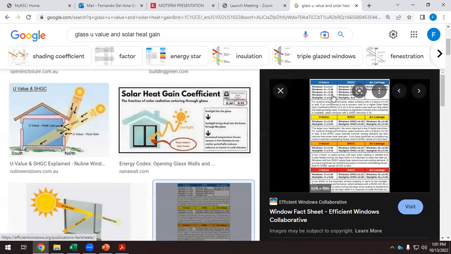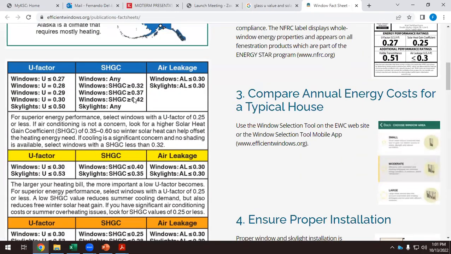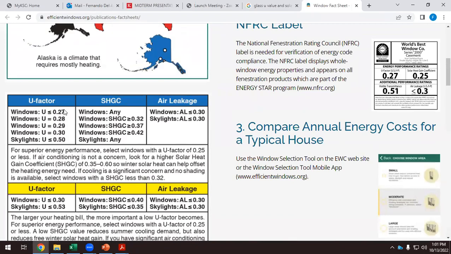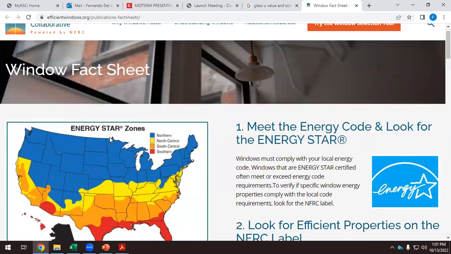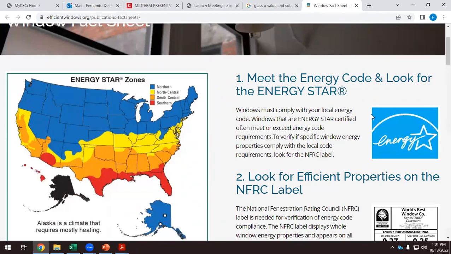Okay, so here we select this one. Here, yeah, here, this is an efficient window, and this is interesting because we have the Energy Star. This is the energy code of the United States. We have always this brand, the Energy Star.